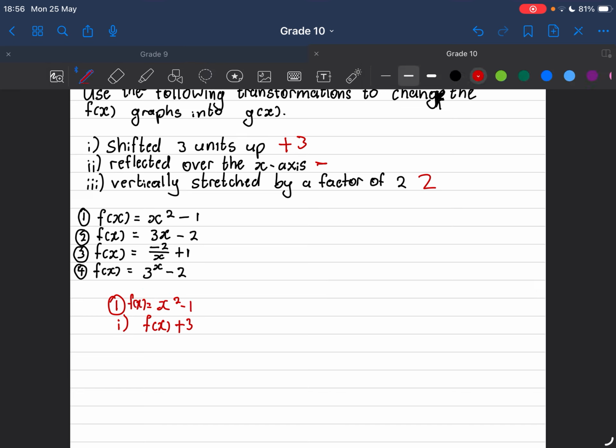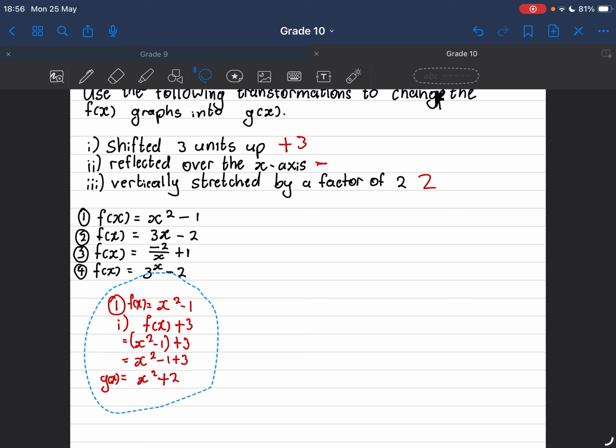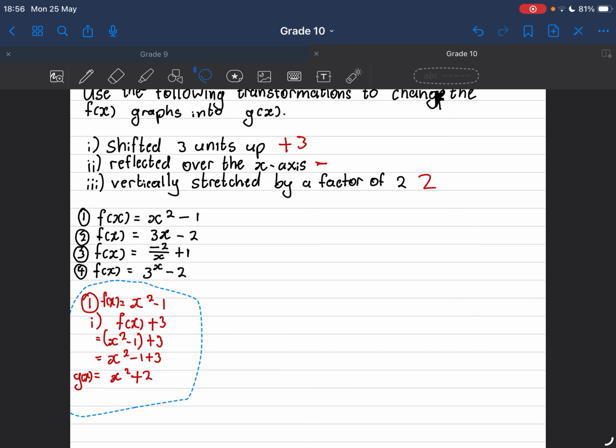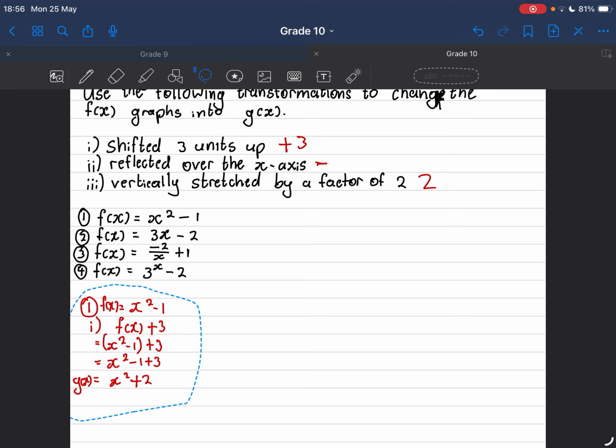So instead of f of x, I'm going to put x squared minus 1, plus 3. Now at this point the brackets are practically useless. They don't do anything, so you can get rid of them. X squared minus 1 plus 3 is going to be plus 2. So my g of x function is that. So g of x is equal to x squared plus 2.